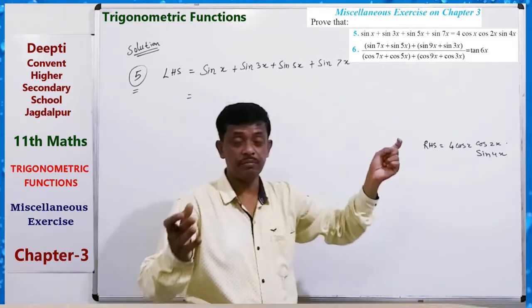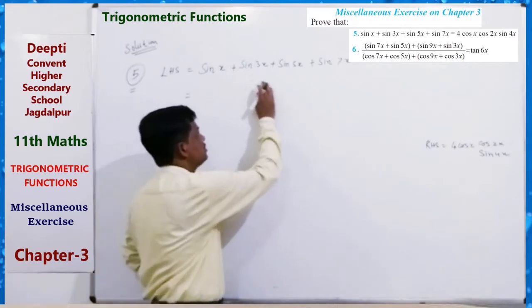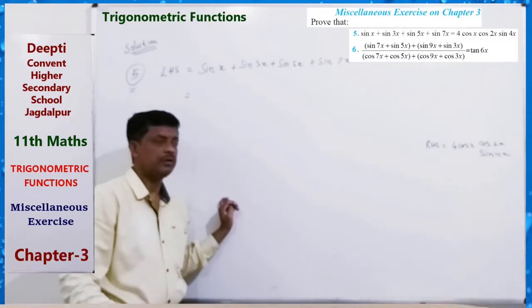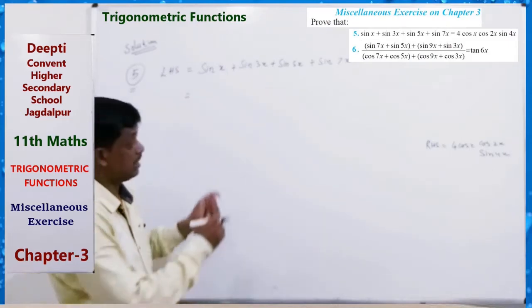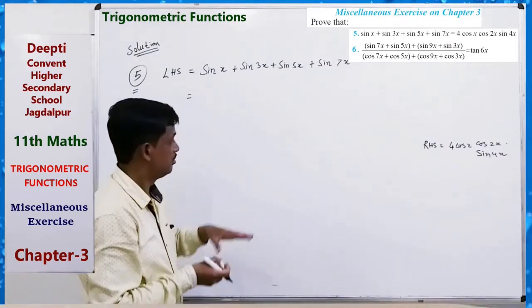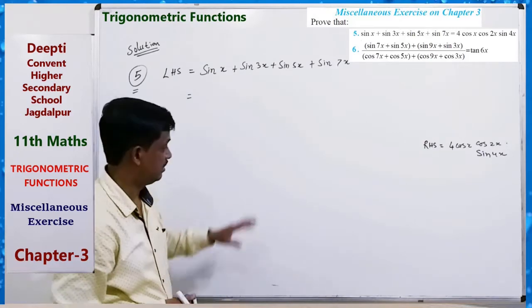You can make a combination, and you can solve by using the formula sin c plus sin d, but taking the proper combination gives the answer in short length.